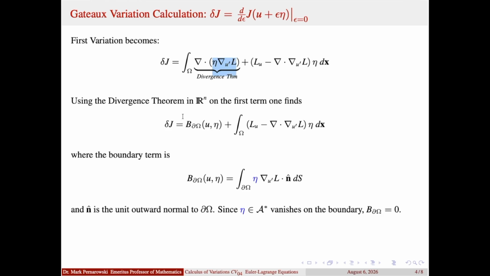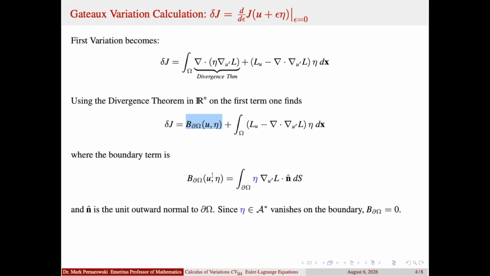In particular, this first term will become a boundary term, which is a surface integral. And I'll have the remainder term, which is a volume integral over the entire set omega.